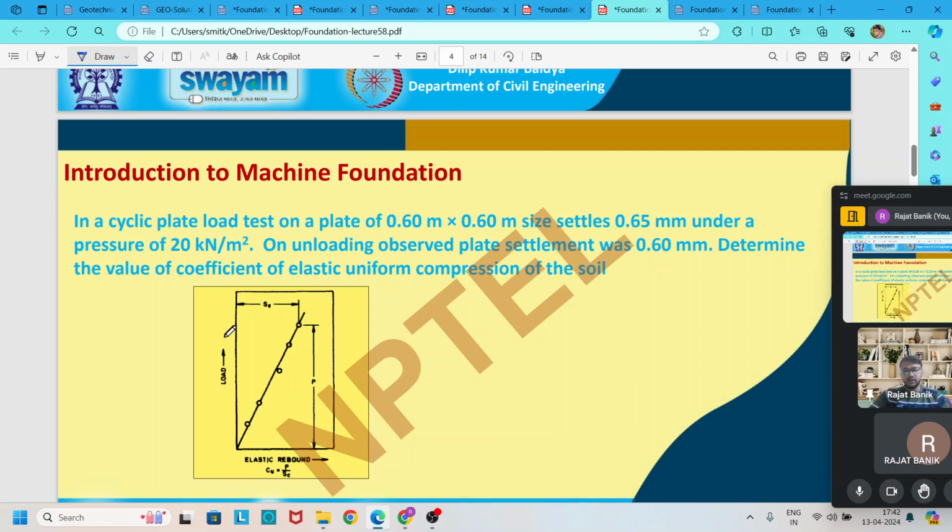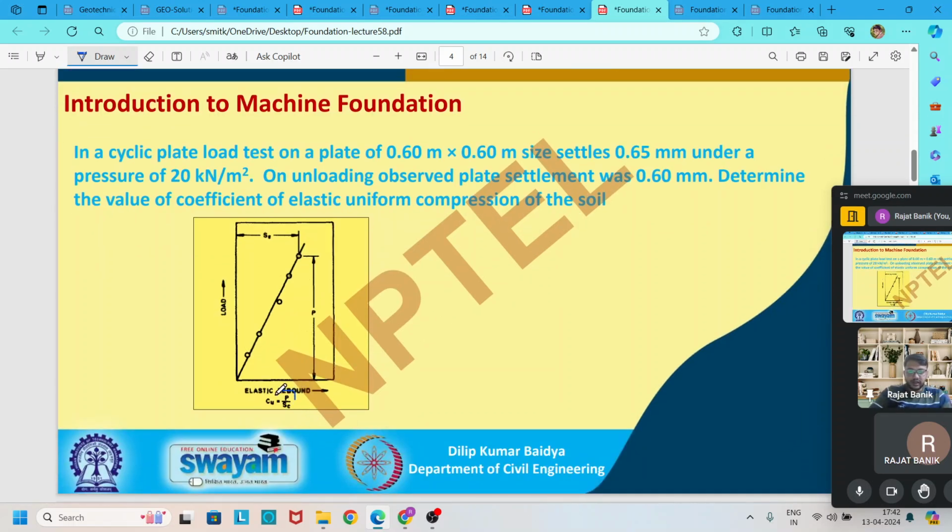Here we need the concept of P by delta, which is equal to the coefficient of elastic uniform compression. It is given that a cyclic plate load test on a plate of size 0.6 meter by 0.6 meter settles 0.65 mm under a pressure of 20 kN per meter square.